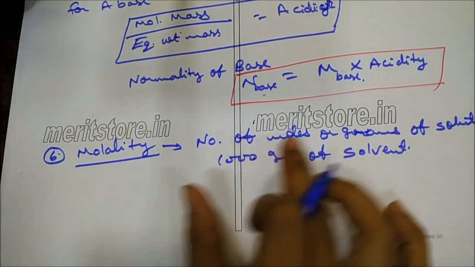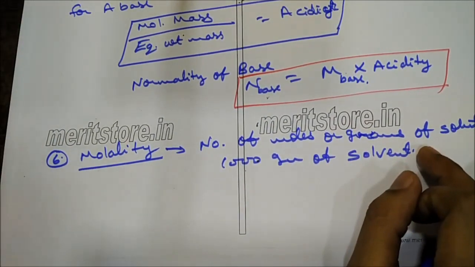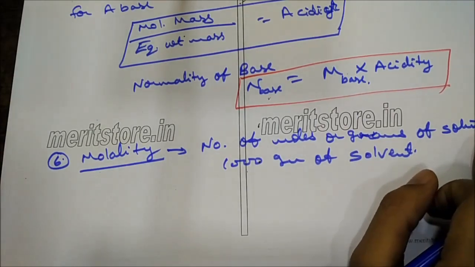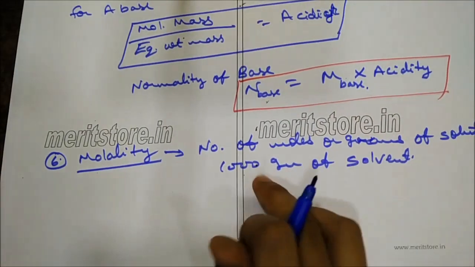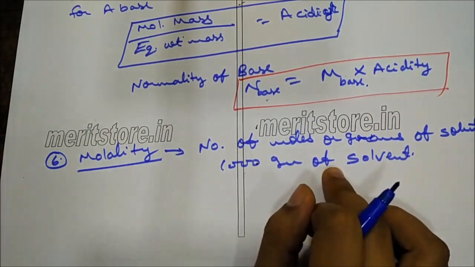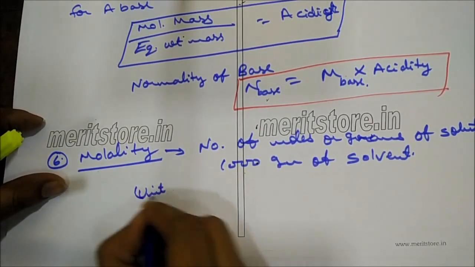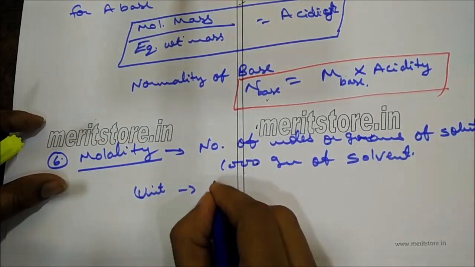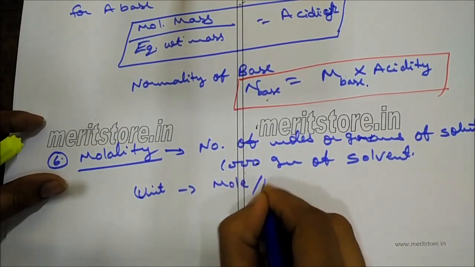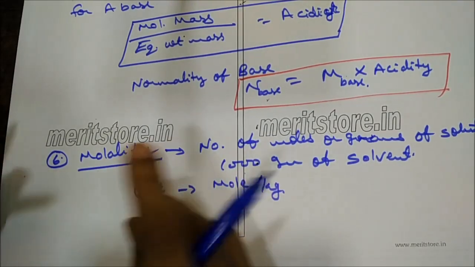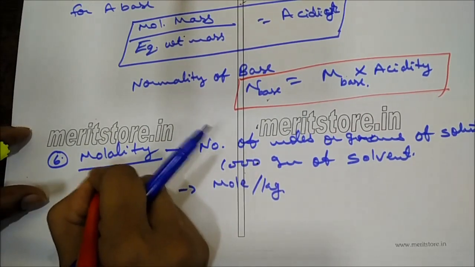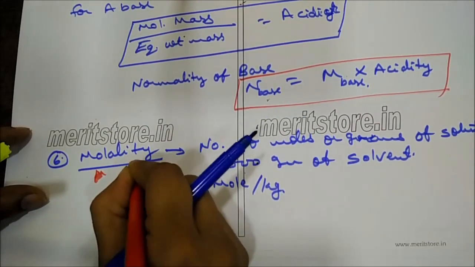So molality is number of moles or grams of solute or molecules of the solute per 1000 gram of the solvent, and its unit is moles per kilogram and is expressed by the small m.